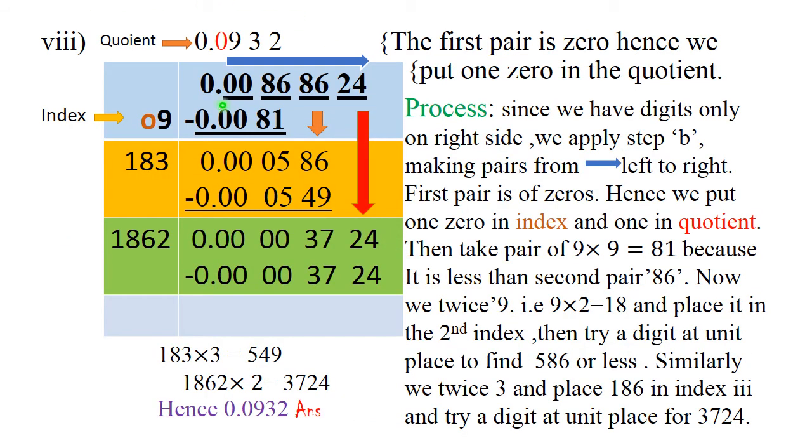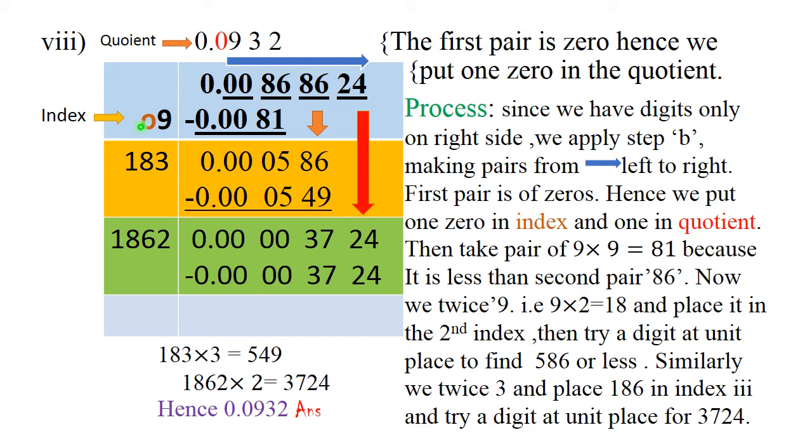In this question we apply step B because we have digits only on the right side of the decimal. These are 00, 86, 86 and 24. Now the first pair is 2 zeros. According to that step, we place 1 zero in the quotient and 1 zero in the index.